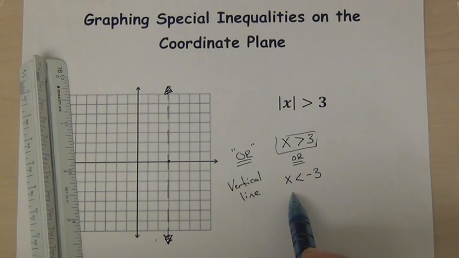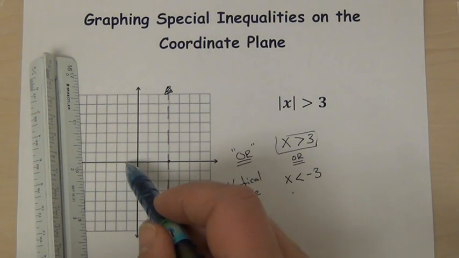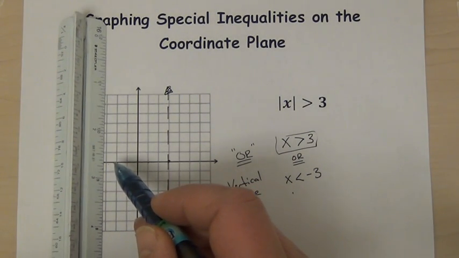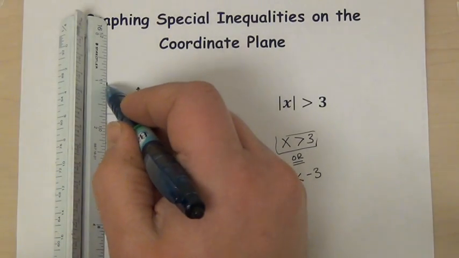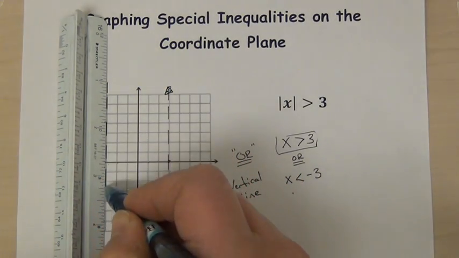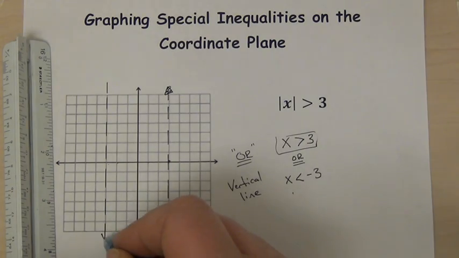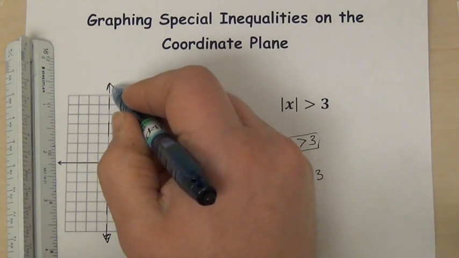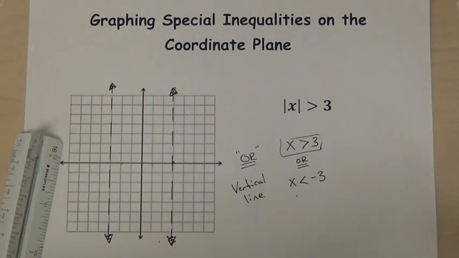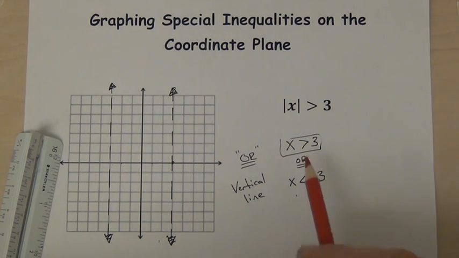The other piece I'm going to look at is x is less than negative 3, so I'm going to come across to x equals negative 3. Draw my dashed line. Now I need to come back and do my shading. So on the first one, I want the coordinates where all the x values of the coordinates are greater than 3.